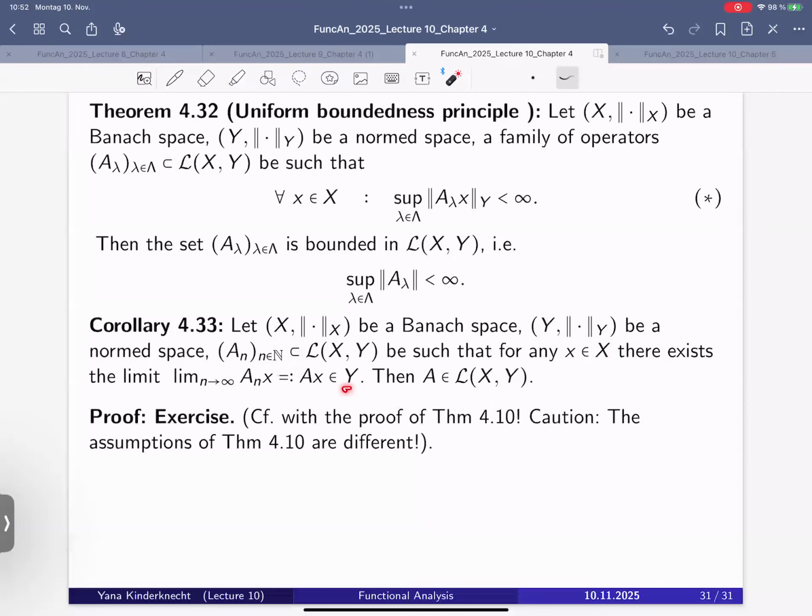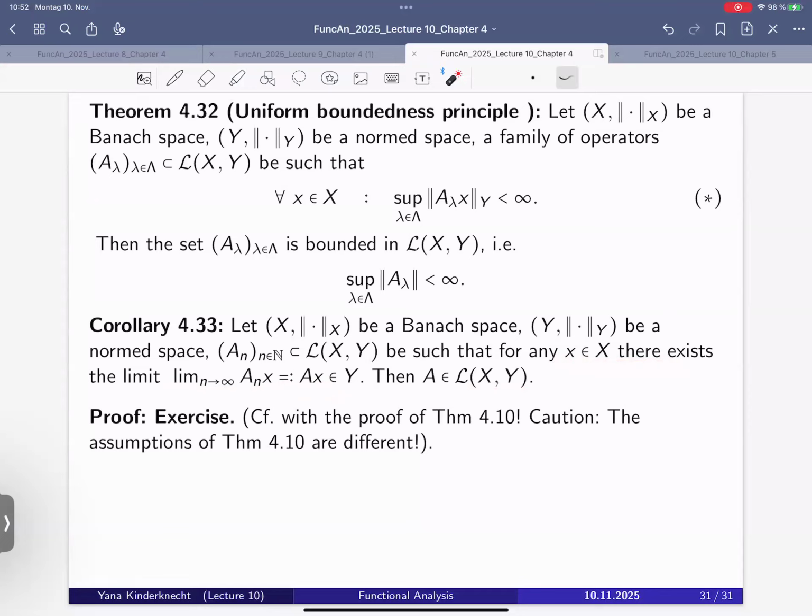This is an element of Y, and this is the way a mapping A from X to Y is defined. So the statement is that this A is again a continuous linear mapping. Linearity follows from the definition, but continuity is not obvious. So once again, we have a sequence of continuous linear operators which converges pointwise. Then the limit is again a continuous linear operator.